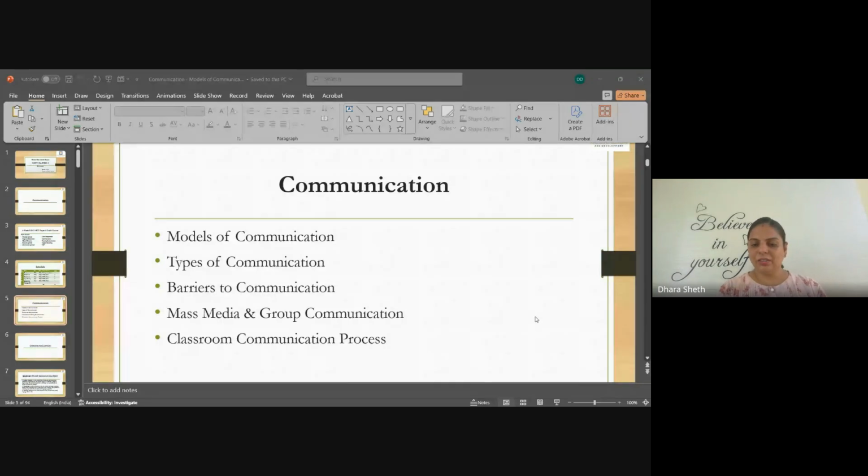Classroom communication, the theory is not much when it comes to classroom communication, but application of what you have learned in teaching aptitude plus what you have learned in communication and a combination of all your teaching experience that you have is something that would go in solving questions of classroom communication. Okay, so these questions could be categorized in teaching aptitude also and in classroom communication also.